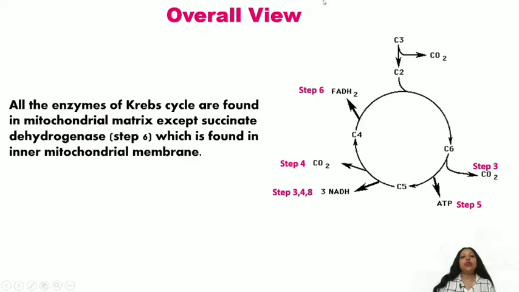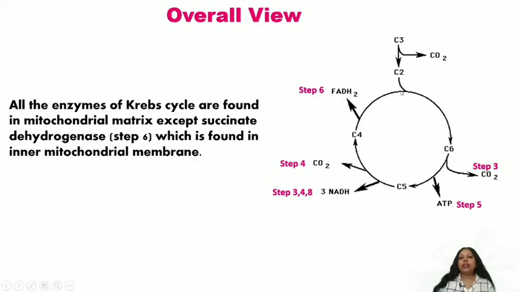So the overall view of this cycle, you can see from here, is that the 3 carbon pyruvate formed in glycolysis converts into a 2 carbon acetyl coenzyme A in a decarboxylation reaction catalyzed by the pyruvate dehydrogenase complex. We have covered that.